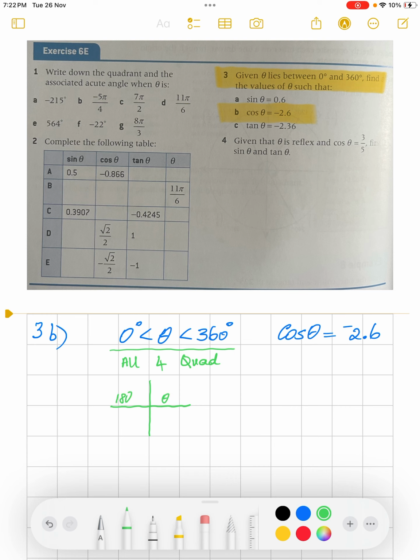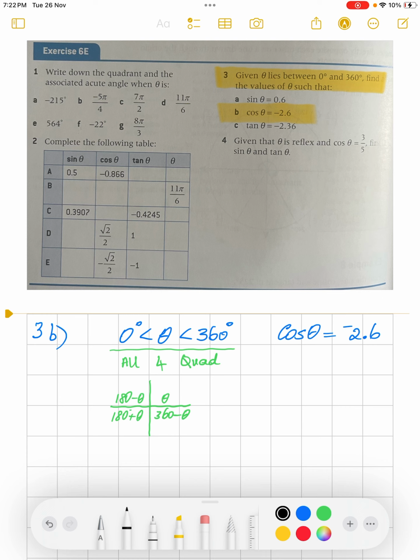Quadrant 2 is from 90 degrees to 180 degrees. Quadrant 3 is from 180 degrees to 270 degrees, and quadrant 4 is 270 degrees to 360 degrees.